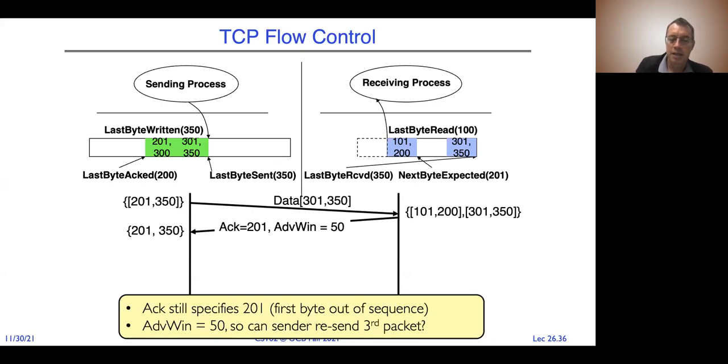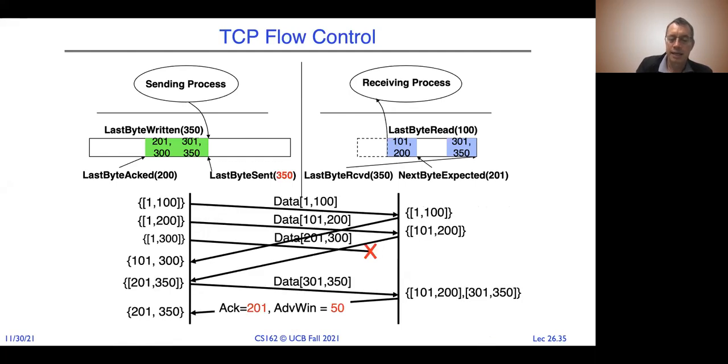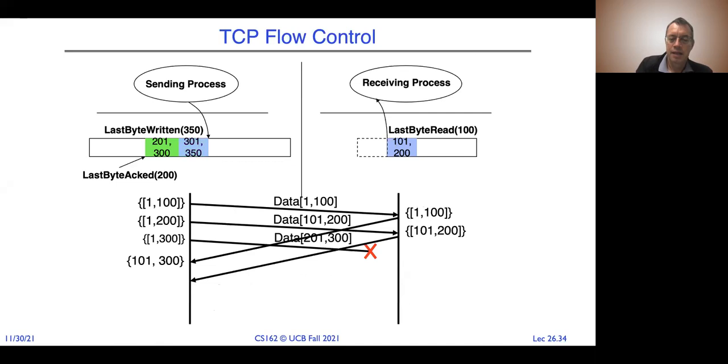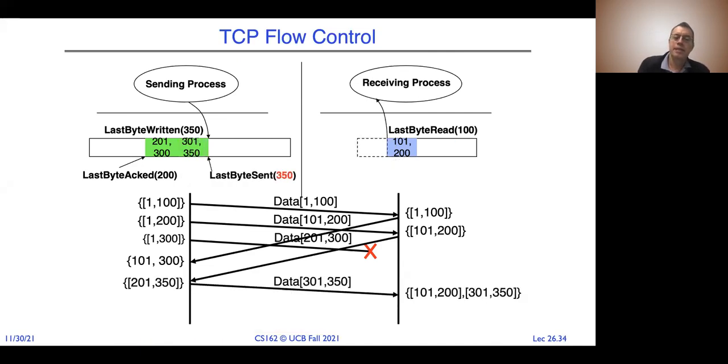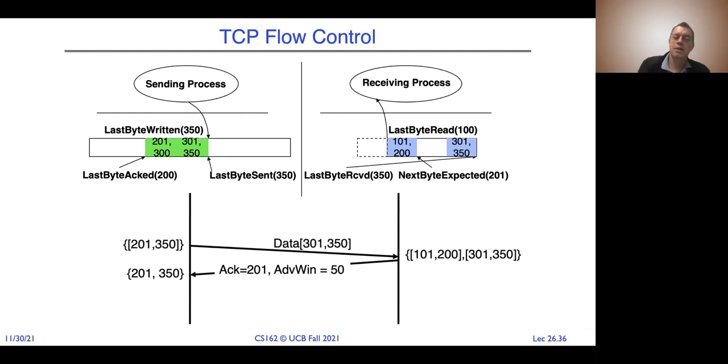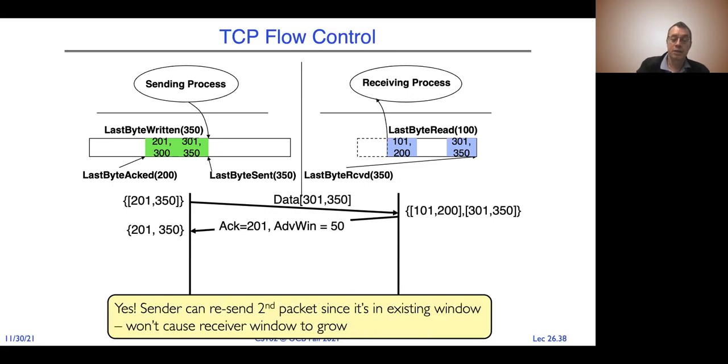And why I'm going to send it now in this particular case is because, you see, it's the second time I get an acknowledgement. The receiver told me that the next sequence number it's expecting is 201. So basically, and we'll see this next, this is a way to detect a failure, a packet loss.